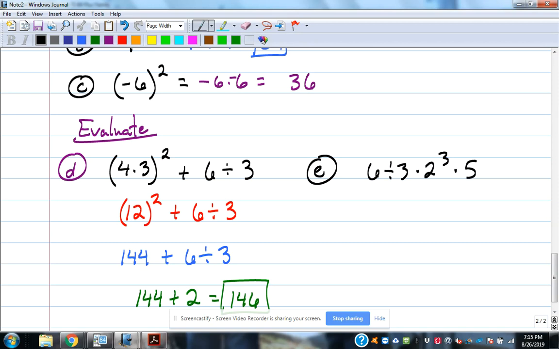It doesn't have an addition or a subtraction to kind of separate it. What should happen first, technically? 2 to the third power should happen first. So 2 to the third would be 2 times 2 times 2. 2 times 2 is 4, times 2 is 8.